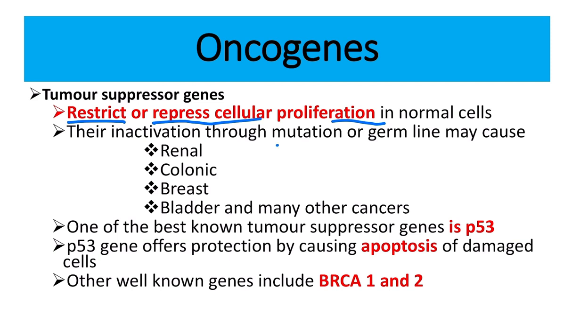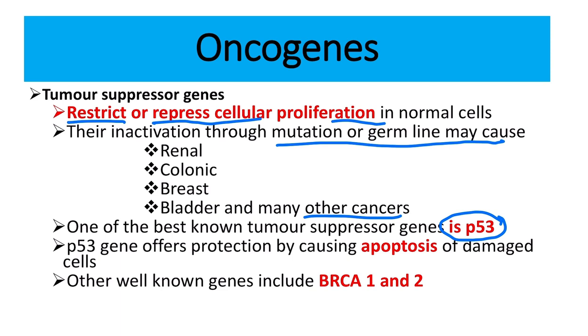Germline mutation of these genes may cause renal, colonic, breast, bladder and many other cancers. One of the best known tumor suppressor genes is the p53 gene, a very important gene known as the guardian of the genome. That means it regulates almost all functions of other genes.